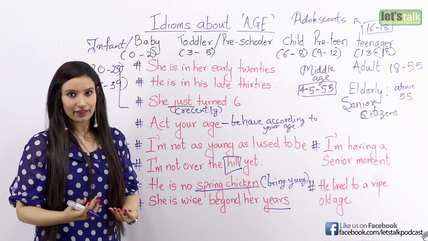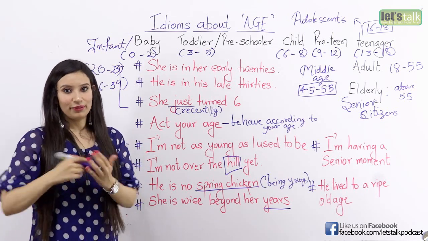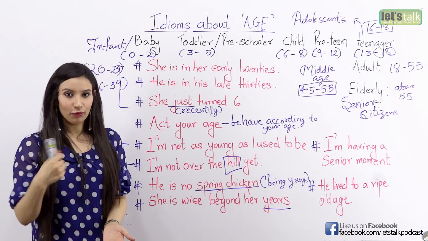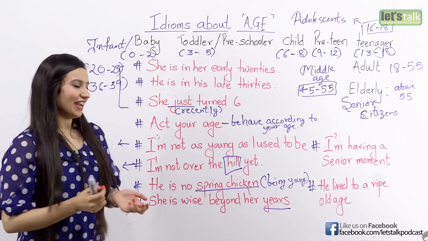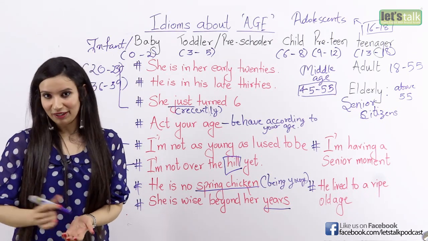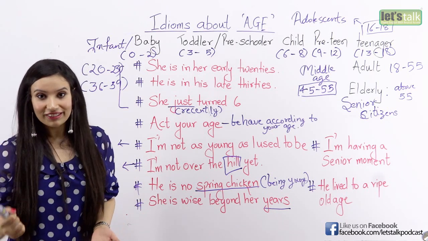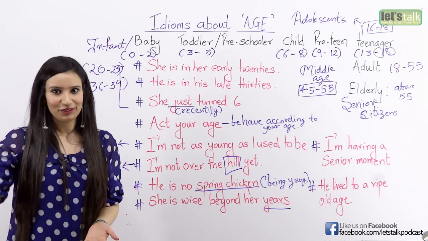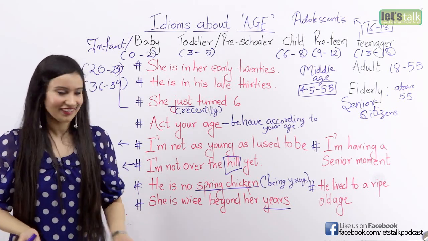Like, I'm very bad at math, and I have this cute cousin who's better at math than me, and I go to her with some simple problems which apparently I cannot solve, and she solves them for me sometimes. And I always tell her, you're really wise beyond your years. You're not supposed to solve it. You should not know it. I don't know it, but you still do it.